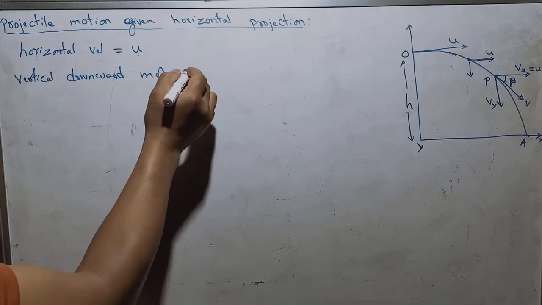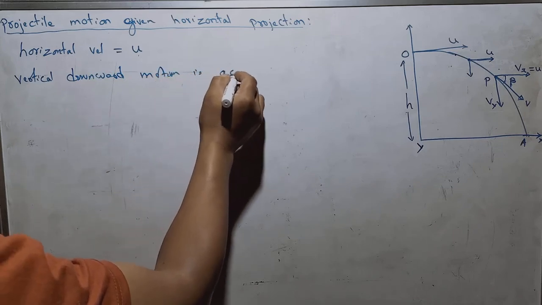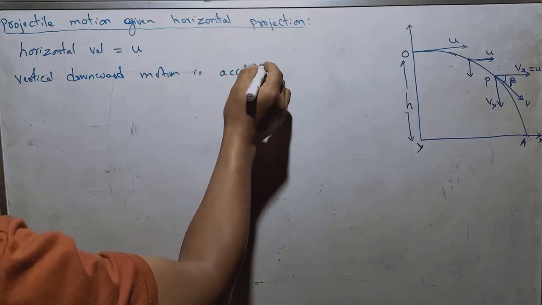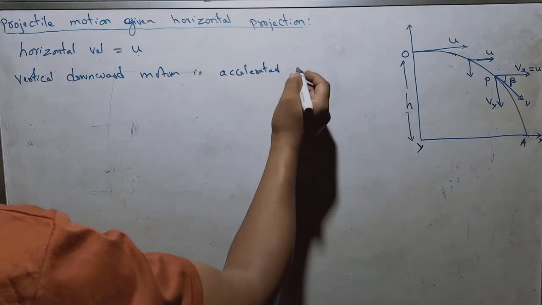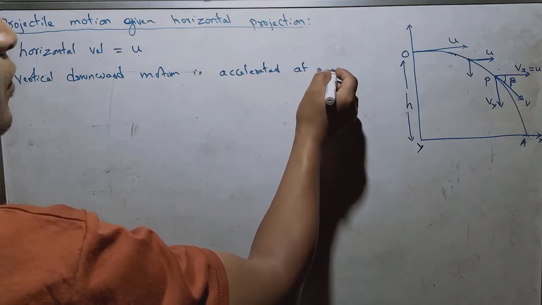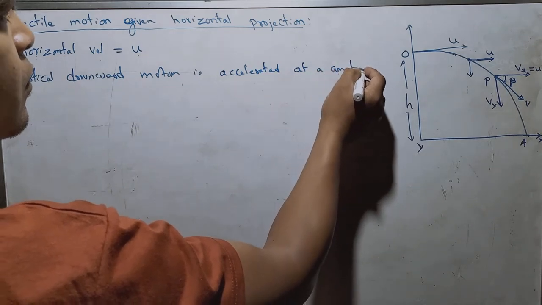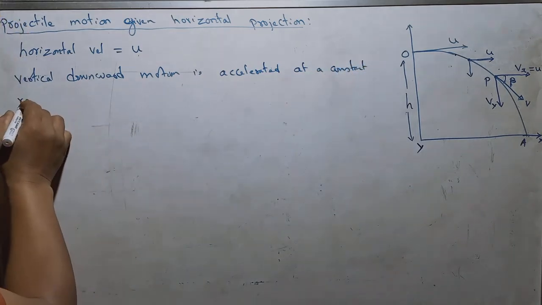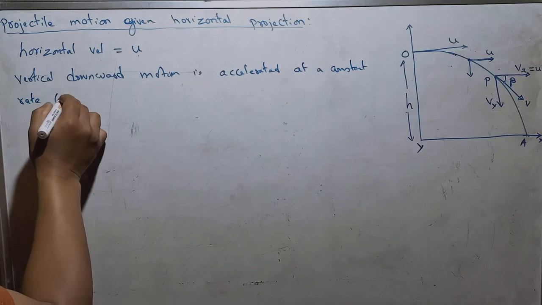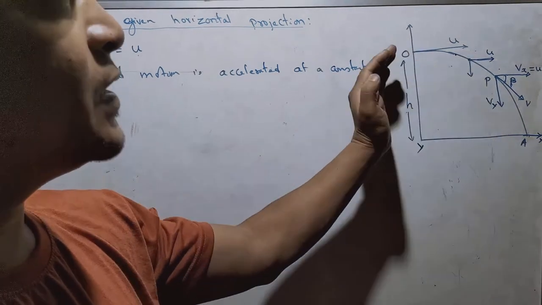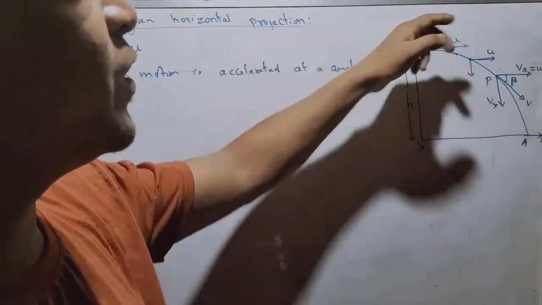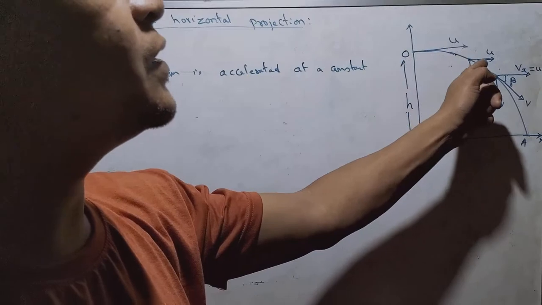So the vertical downward motion is accelerated at a constant rate, which is equal to g, the acceleration due to gravity. Because when you project the body in this way, the body goes like this.